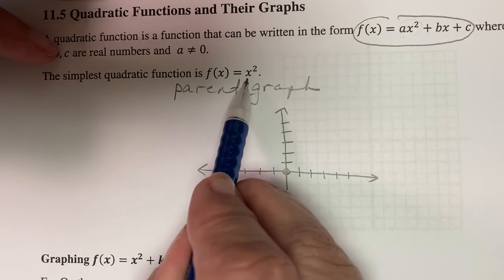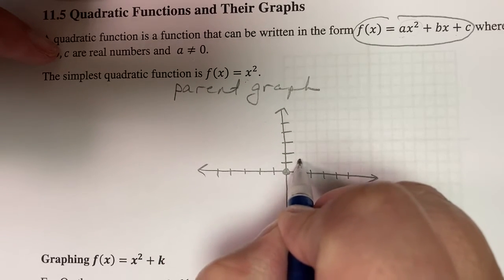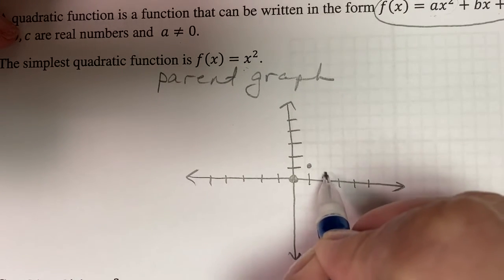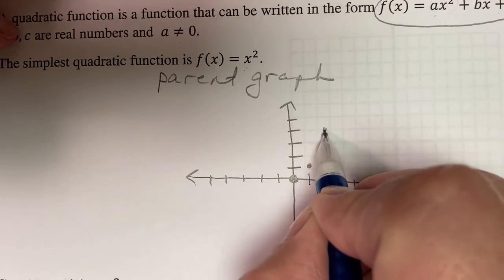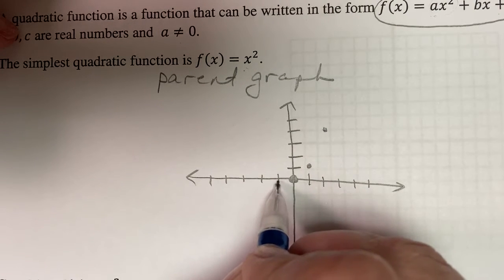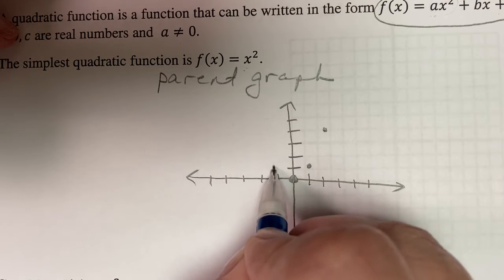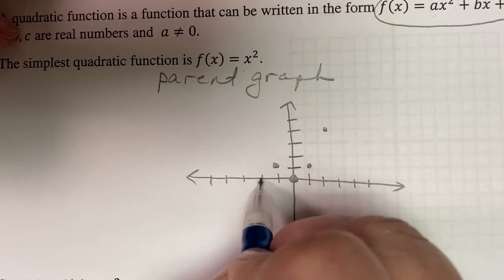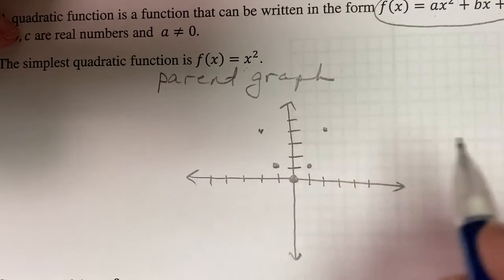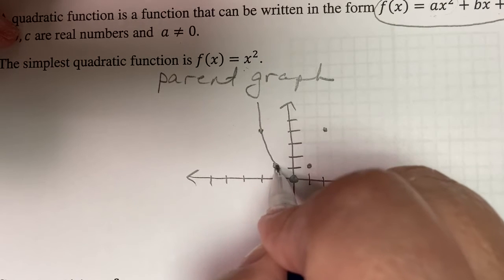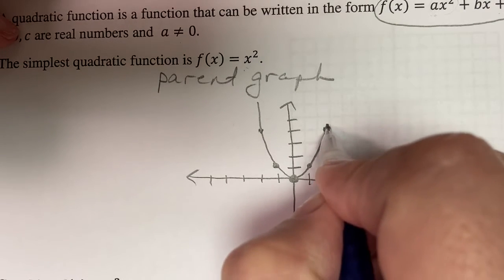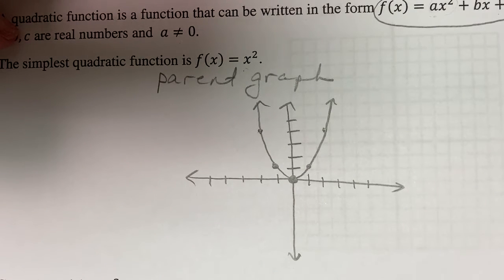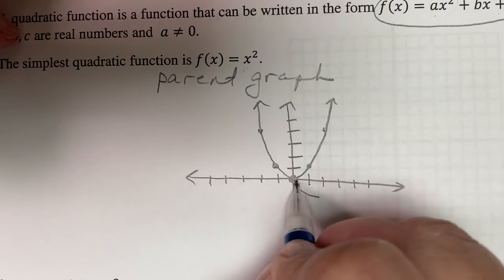If I were to plug in 1 for x, 1 squared is 1. If I were to plug in 2 for x, 2 squared is 4. If I were to plug in -1 for x, -1 squared is positive 1. And if I were to plug in -2 for x, -2 squared is positive 4. So you can see that that's what my graph would look like. It's a parabola. We already talked about that.